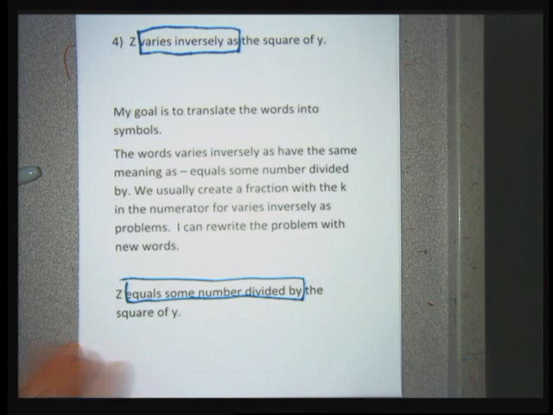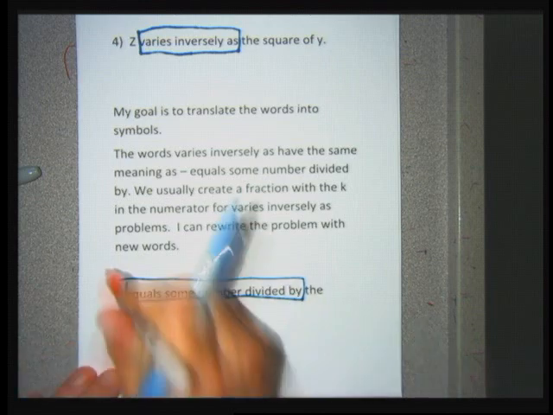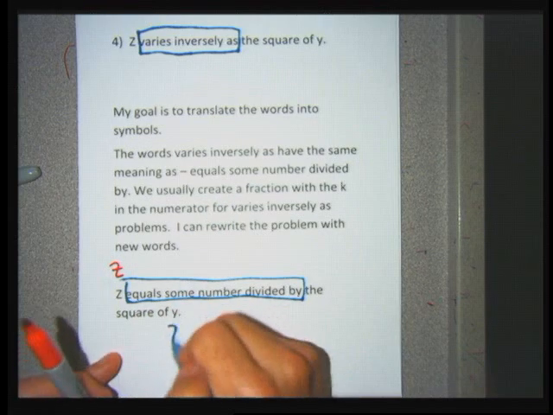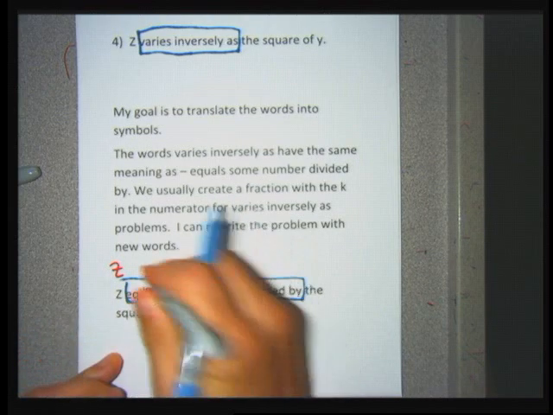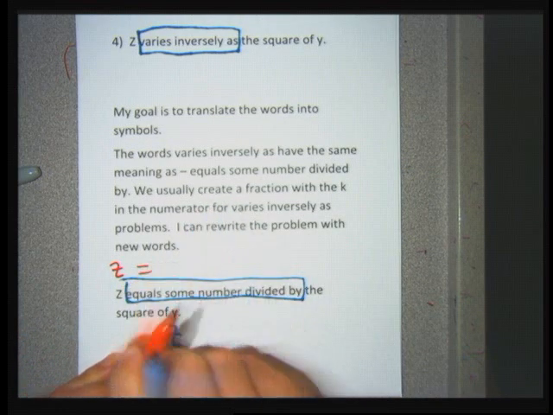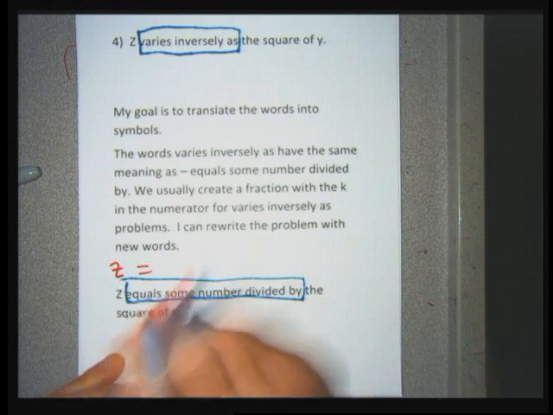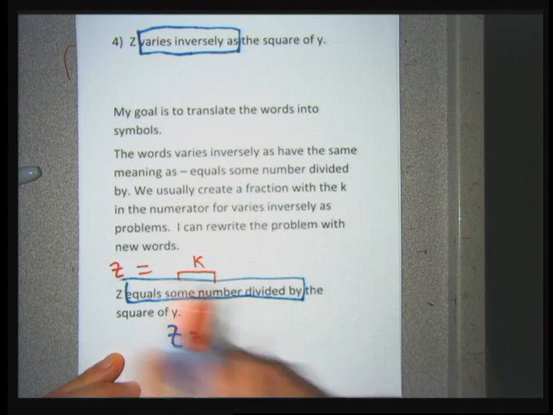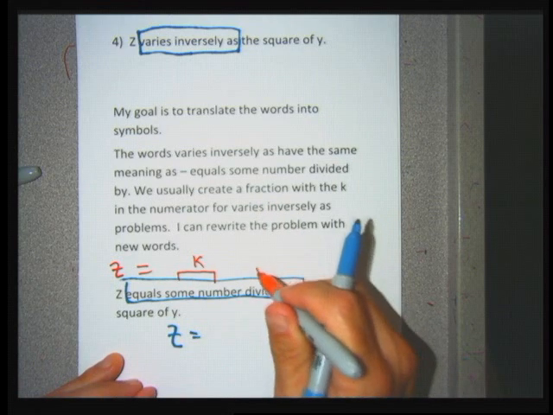And then you started constructing your equation. The letter z is going to remain the letter z. The word equals is going to turn into an equal sign. The words some number are going to turn into the letter k. The divided by is going to give me a fraction.